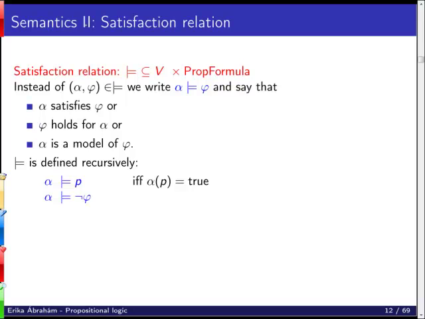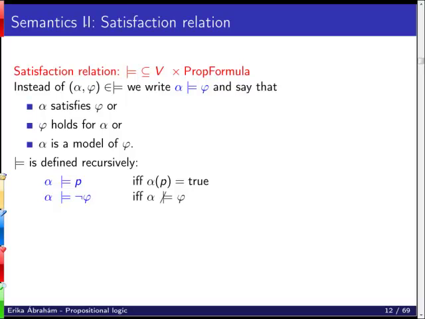Negation. So when is an assignment a model for not phi? How can I define it functionally, recursively? Exactly. Alpha is not a model of phi.